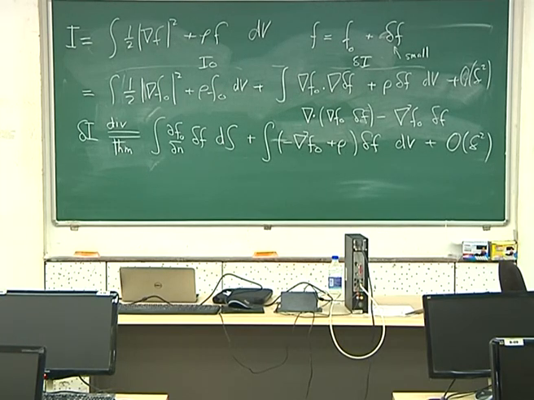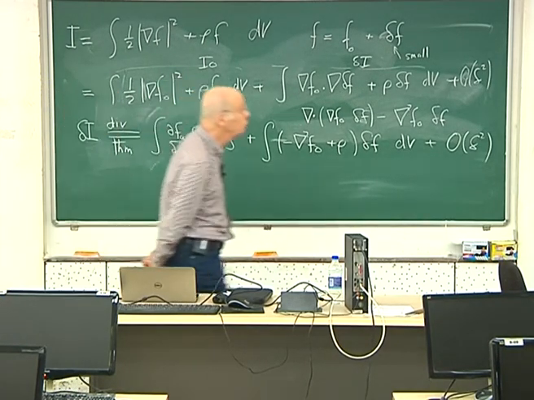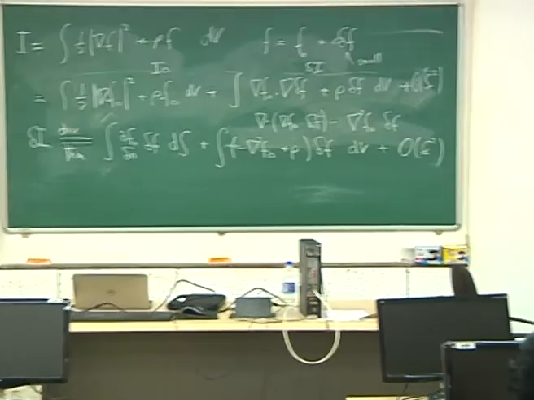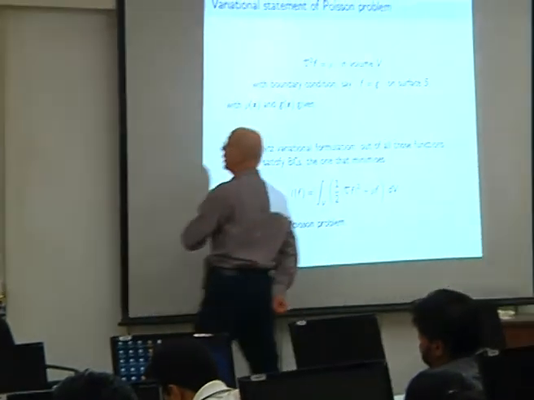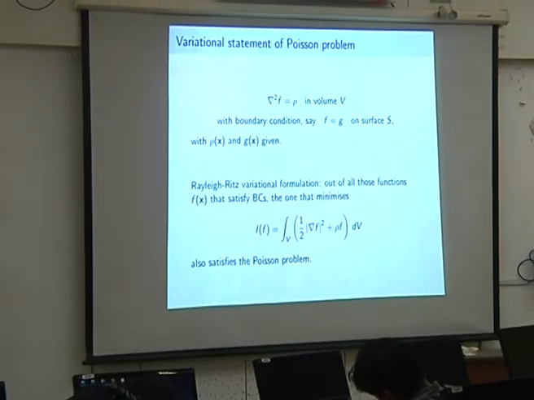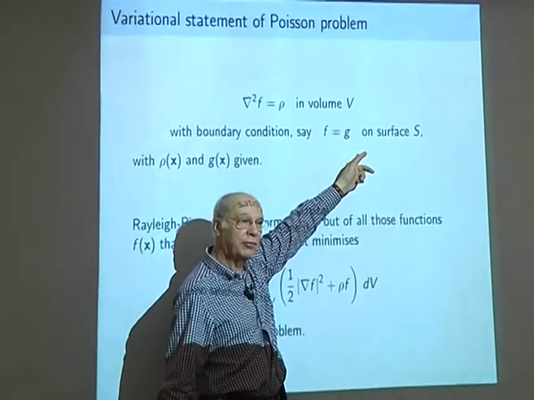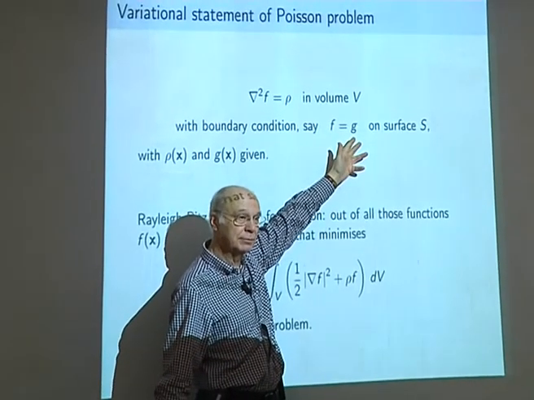Right. Now, on the boundary, f naught is equal to g, and if my function f naught plus delta f is also equal to g, then delta f has to be 0 on the boundary.